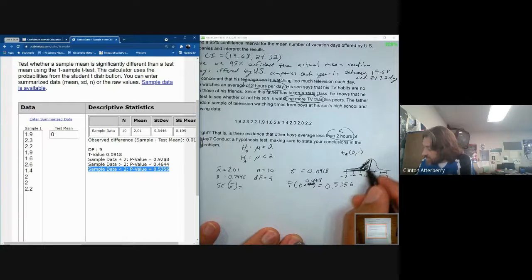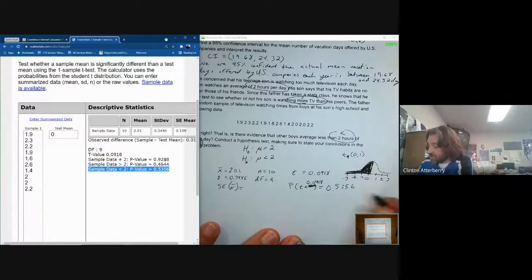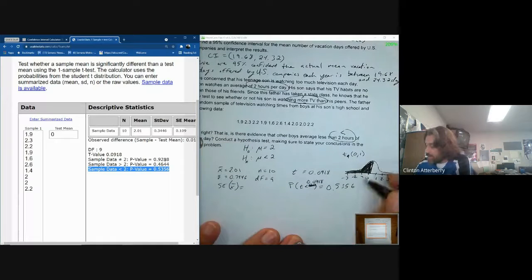How much of this is shaded? It's roughly a little bit greater than half of this drawing. If I put it right on 0, 50% of it would be shaded in. This is 0.5356, so it's a little bit bigger than 53%, right? That shows us that those results should happen about that much of the time, they say.